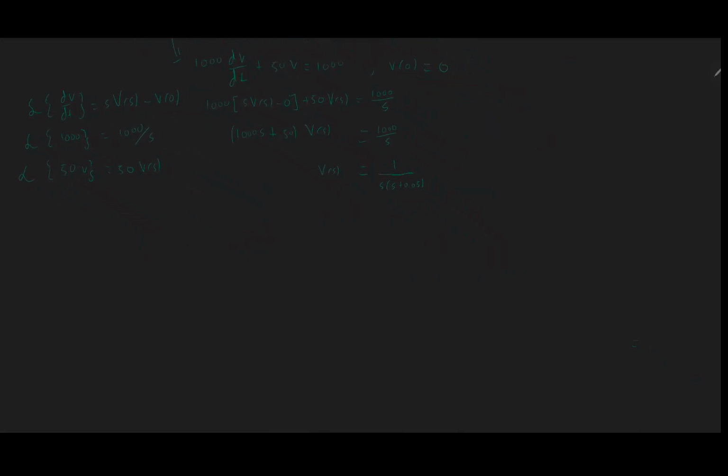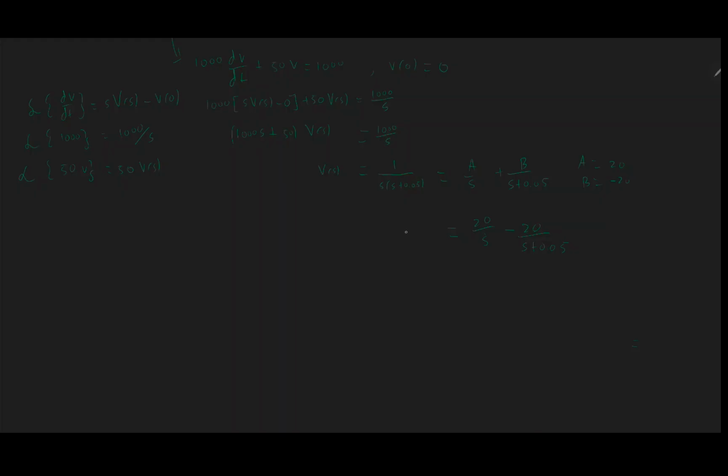From here we can do partial fractions, and this is equal to a over s plus b over s plus 0.05. When we solve for a and b, we get that a is equal to 20 and b is equal to negative 20. So this will be equal to 20 over s minus 20 over s plus 0.05.